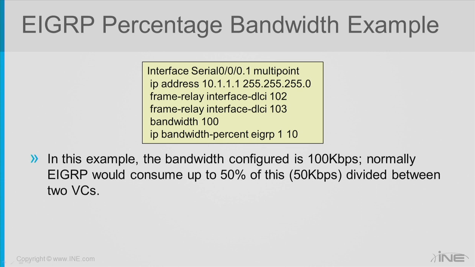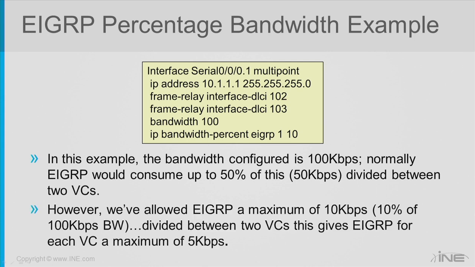So here's an example of this. It says here, if we just left it with the bandwidth command, pretend for just a moment that we did not have the bandwidth-percent command. Then normally EIGRP would say, okay, if the bandwidth is 100, I'm going to get 50% of that, or 50 kilobits per second, and then divide that between these 2 PVCs. But in this case, he says, I'm giving you 10%.